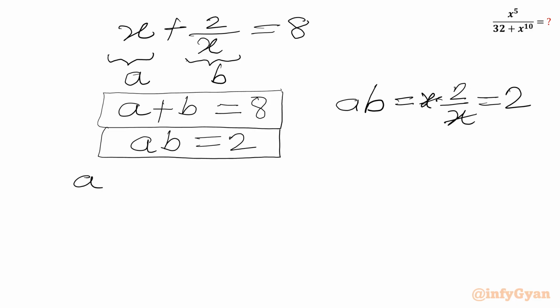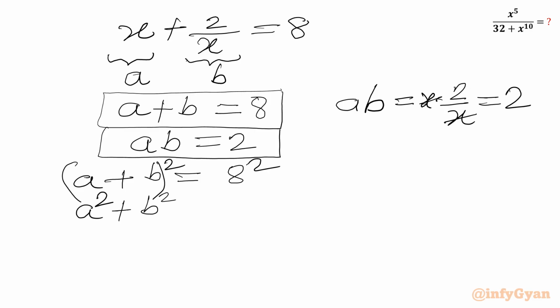Now I will write our equation a plus b equal to 8. Then I will consider squaring both sides. So we'll get a square plus b square plus 2 times ab equal to 64. Now ab is 2.